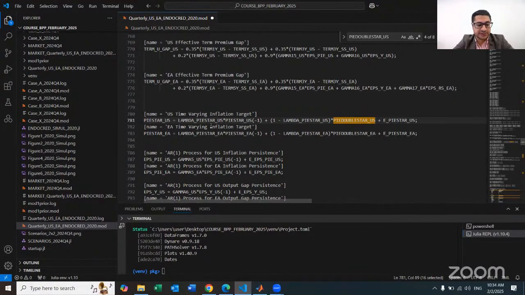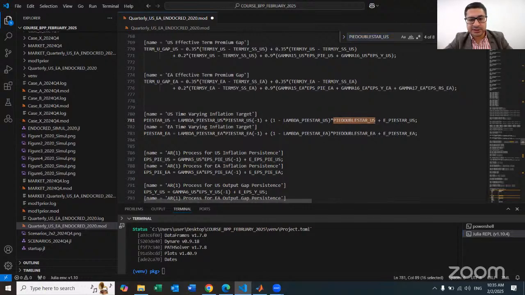For example, in this case, when we are looking at the economies during COVID, we think the inflation target is a bit lower from the long run equilibrium. That's why we allow some deviation of the target. But it goes to pi double star US and pi double star Euro area.